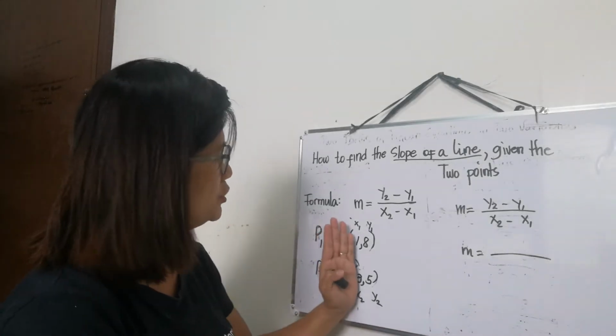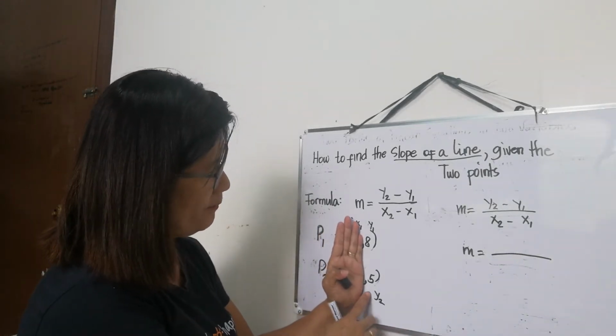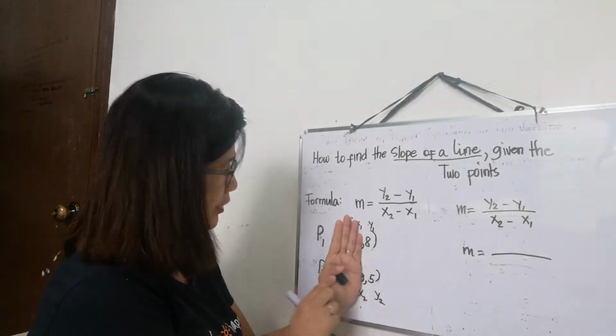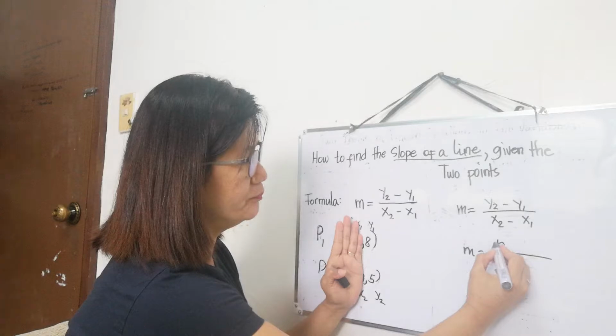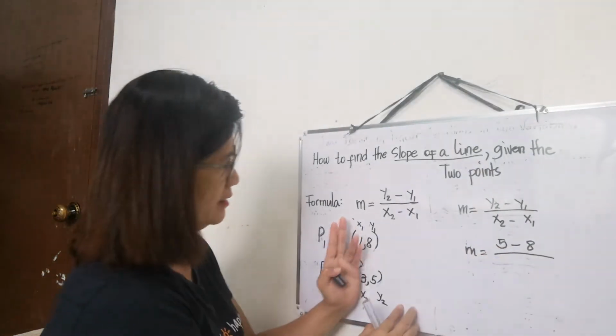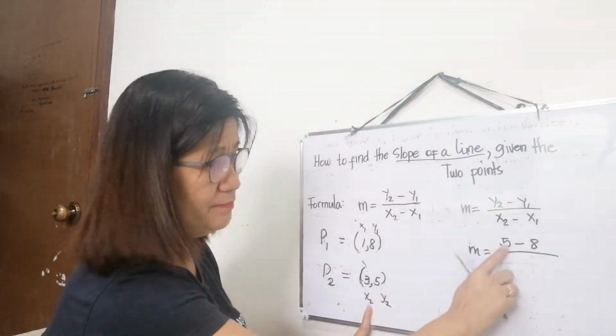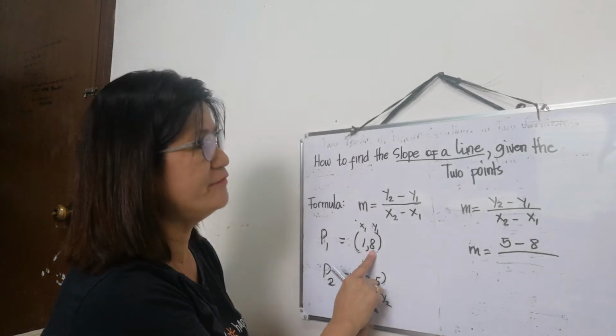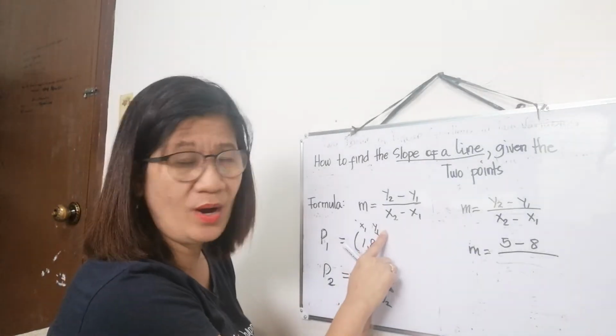So, we will substitute. Dito lang tayo titingin sa pangalawang mga numbers nila. So, from point 2, it will be 5 minus 8. So, 5 came from y sub 2. Then 8 came from y sub 1.